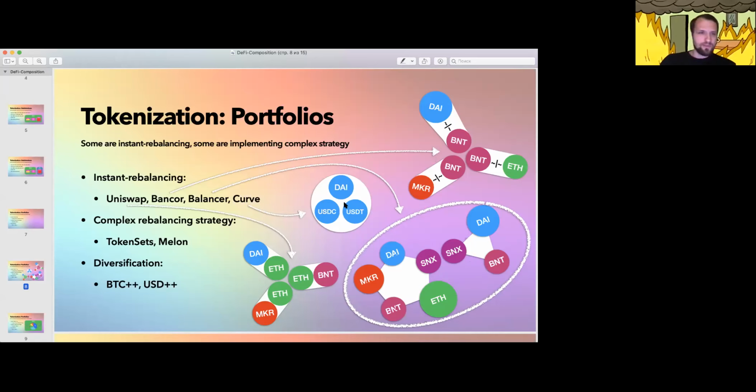And Curve is a recent project which appeared a few weeks ago, maybe 1 month or 2 months ago. It works on a different formula which allows swapping stablecoins between each other for a better rate than Uniswap and other projects. And yeah, it is still rebalancing and creating opportunities for arbitrageurs.